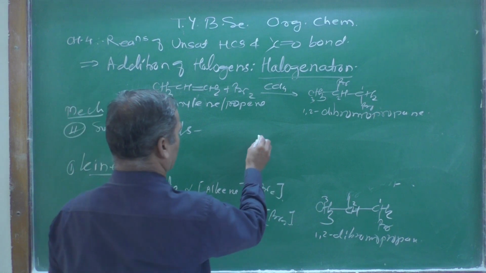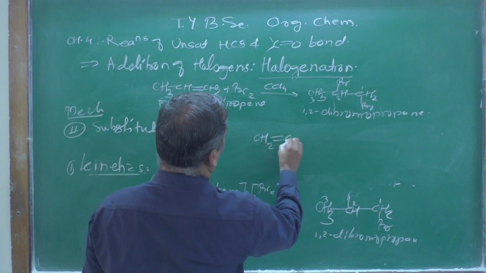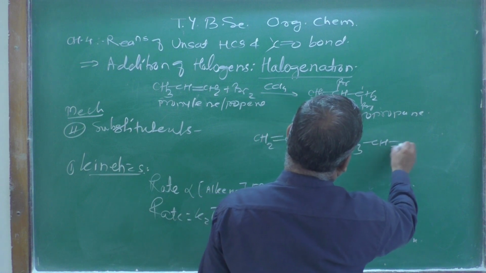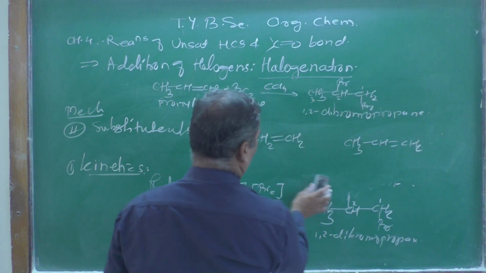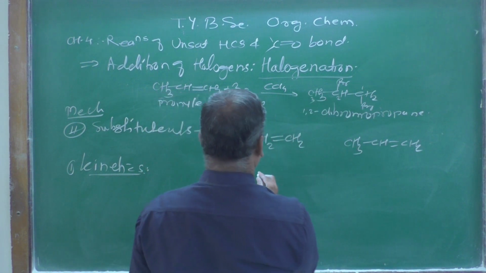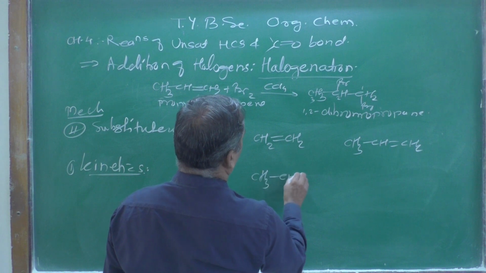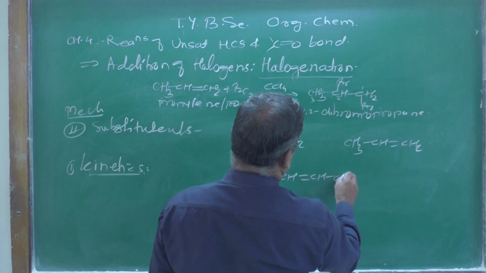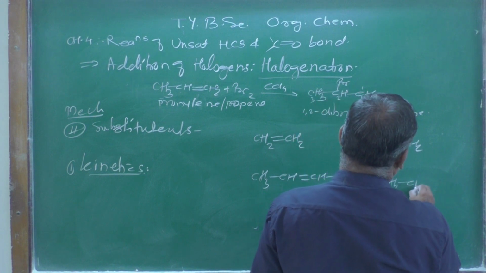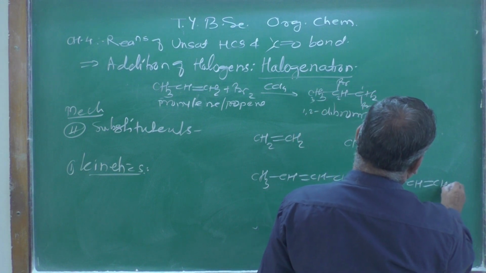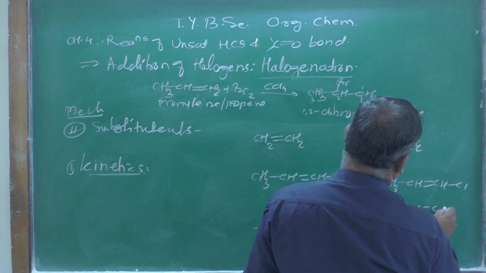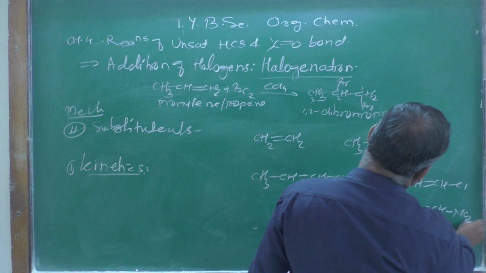Suppose, let us see, this is the simplest one, CH2=CH2. Another alkene is CH3-CH=CH2. Let me draw some of the alkenes over there: CH3-CH=CH-CH3, or we can call it CH3-CH=CH-Cl, or CH3-CH=CH-NO2 group, like this.